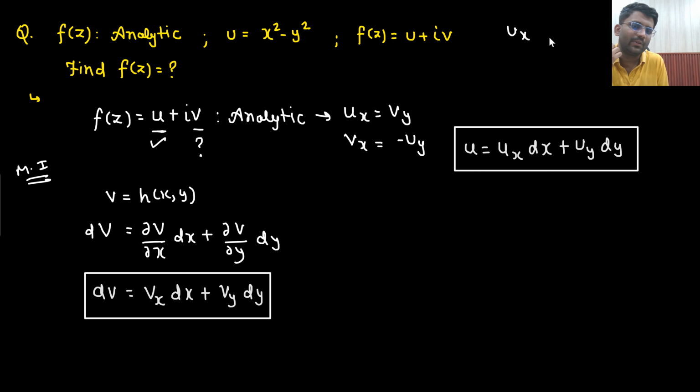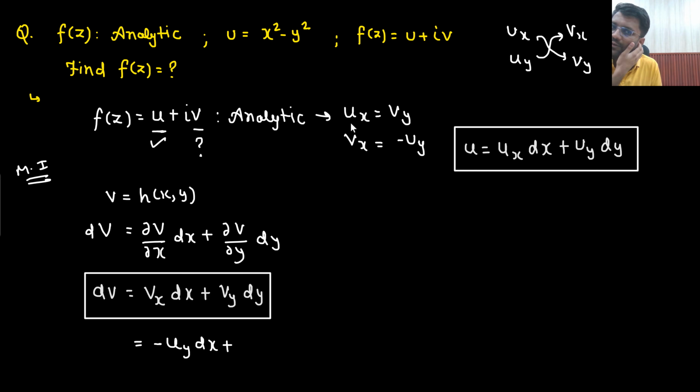Or if you don't remember, you can do it in this manner: ux, vx, uy, vy. So ux would be equal to vy, and uy should be equal to minus vx. So in place of vx, what can you put? Minus uy dot dx, plus in place of vy, what can you put? ux dot dy. Is that understandable to you?